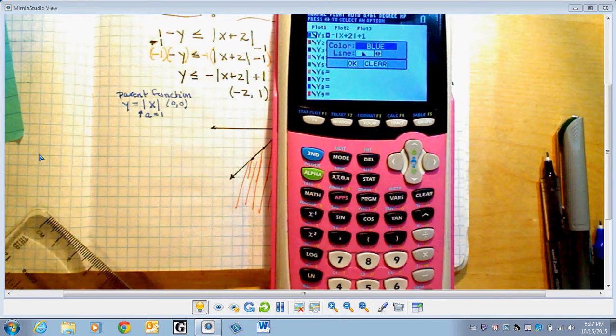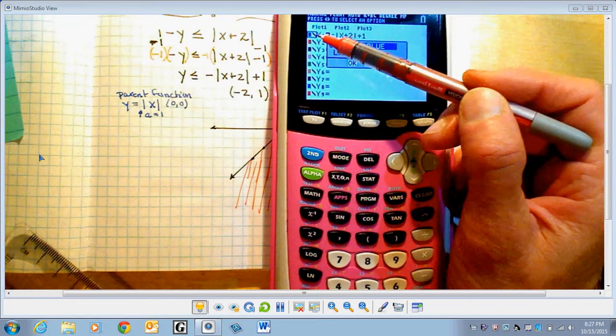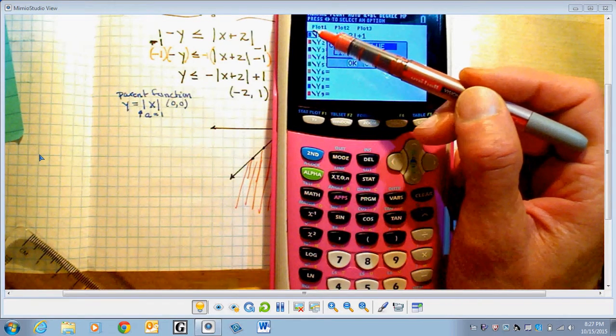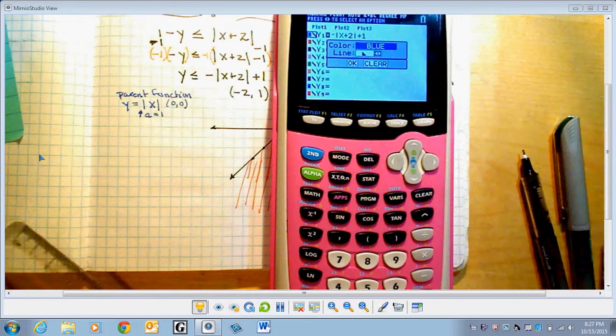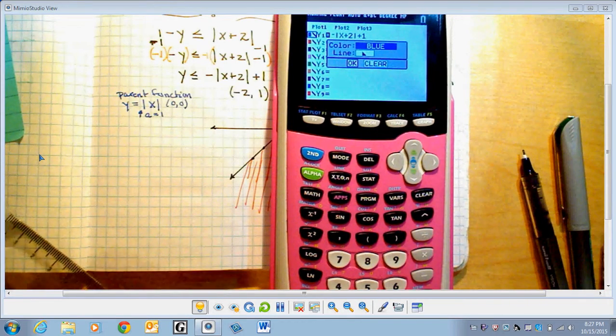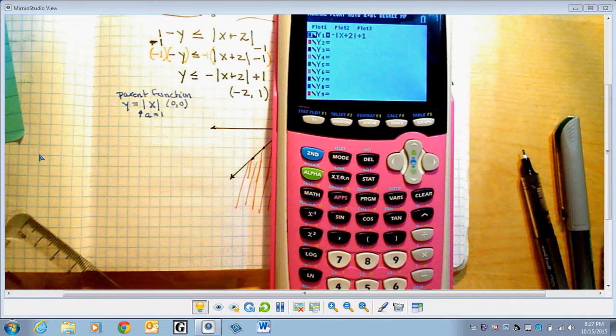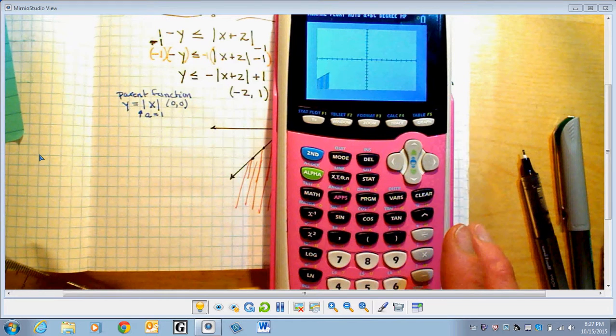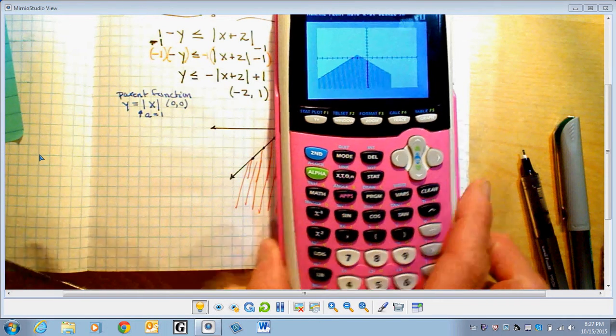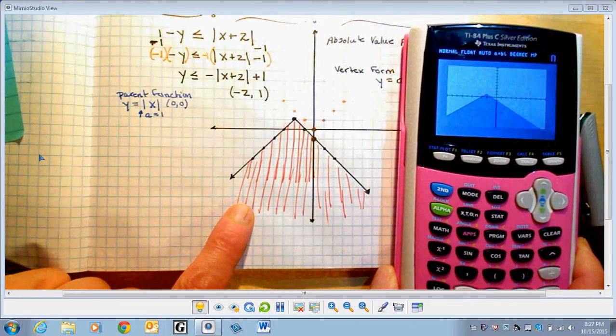For those of you who have an older calculator, if you just go over to here and keep pushing enter, this will actually flap on and off, and it will change just like this. So I'm going to select that one, less than, and then I'm going to go to graph, and I'm going to see that it shaded the bottom just like I did here.